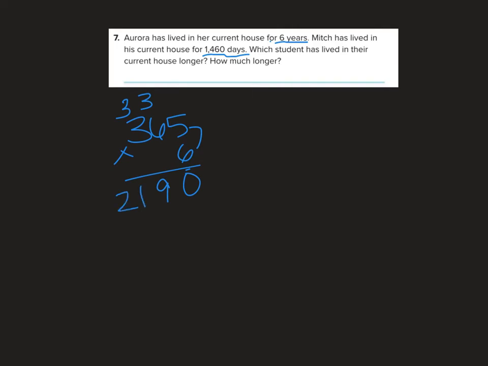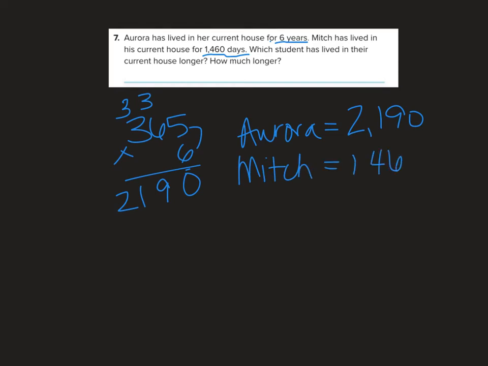So Aurora has lived in her house for 2,190 days. And Mitch has lived in his house for 1,460 days. So who has lived longer? Aurora has lived longer.